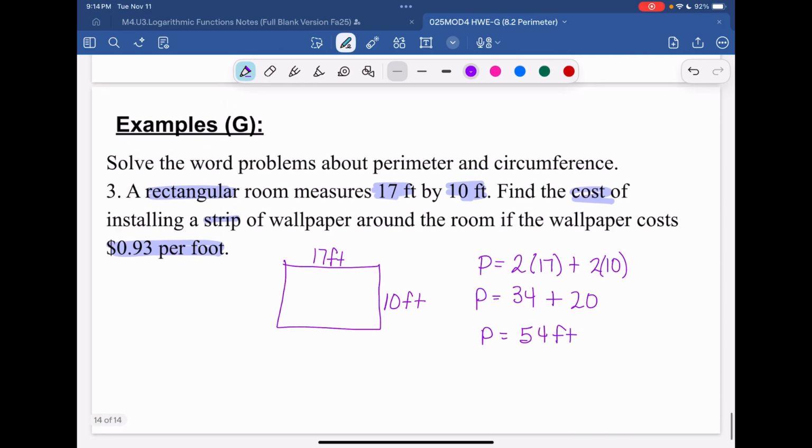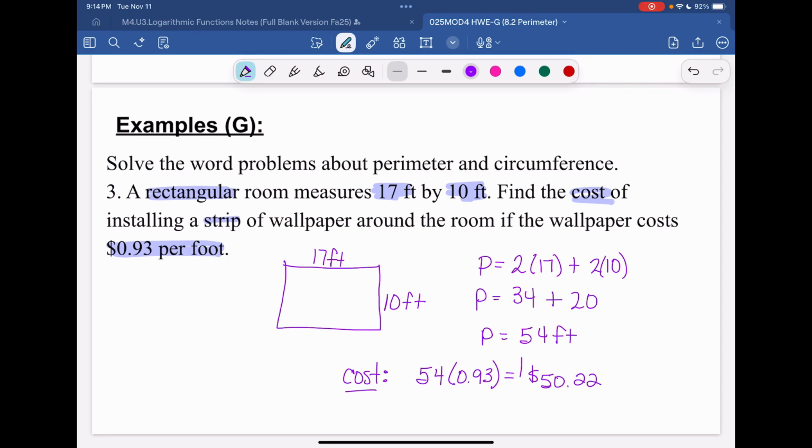So the perimeter around this room is 54 feet, but each foot is going to cost me 93 cents. So my cost, let me write that out, my cost is going to be 54 times 0.93. So it's going to cost me $50.22.